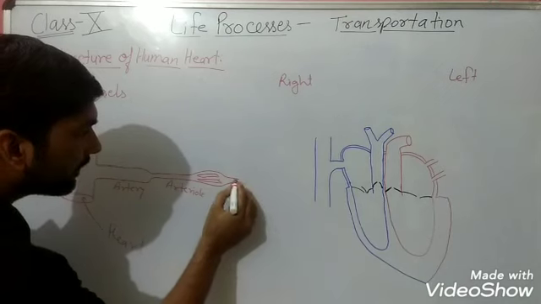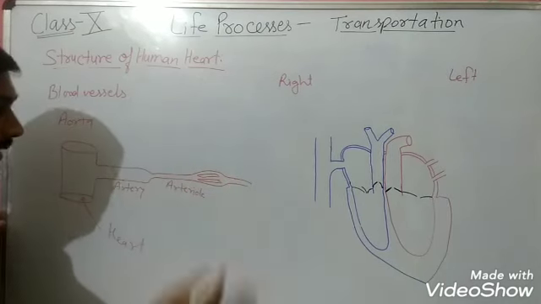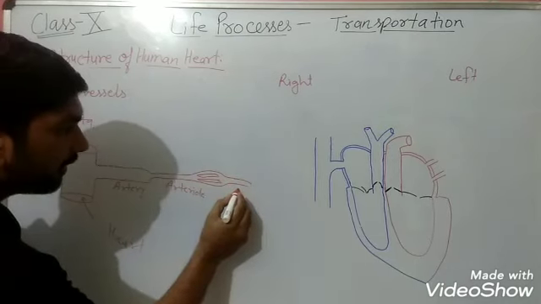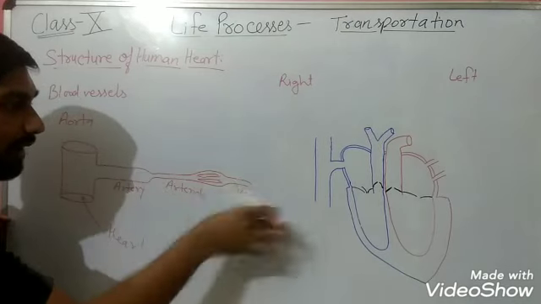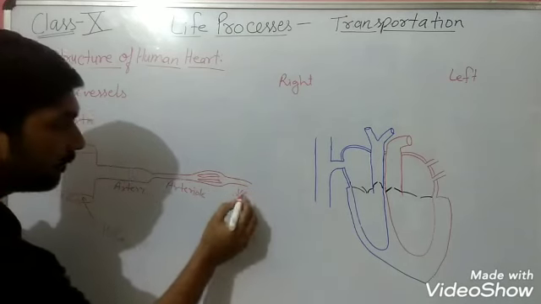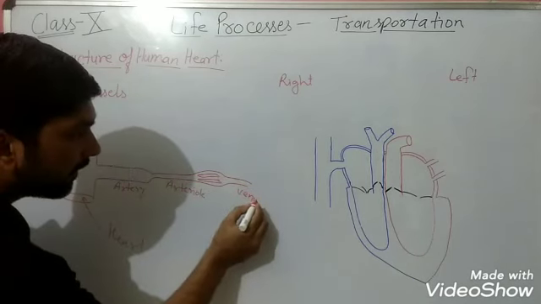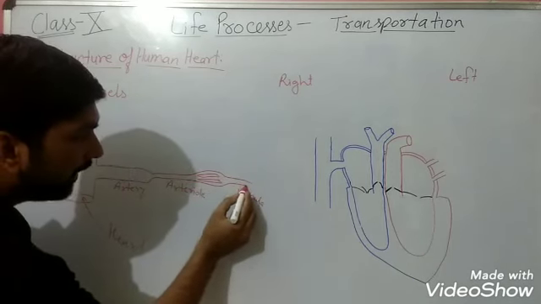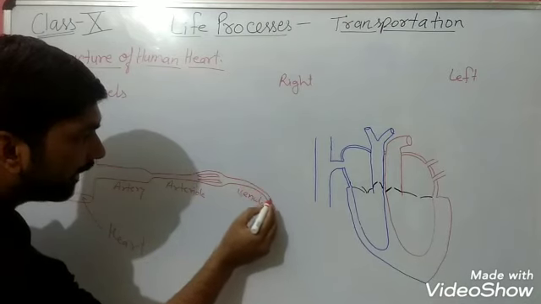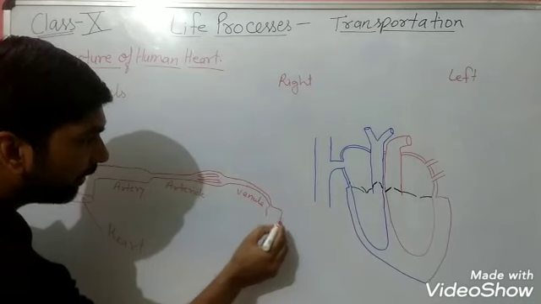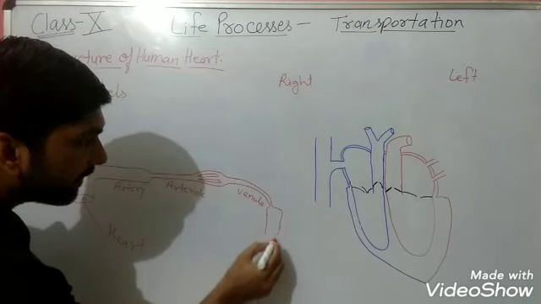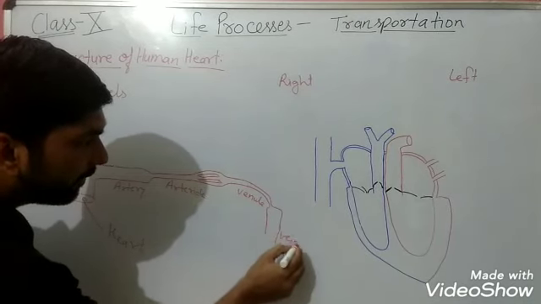So now these capillaries are going to turn into thin blood vessels. These are what? Like here, arteriole. Now the capillaries are going to connect with the veins. So this will be what? Venule. These venules are going to again become broad, and these broad blood vessels are known as what? Veins.